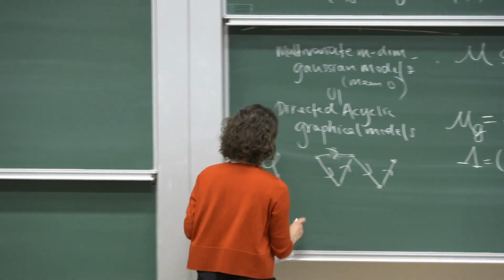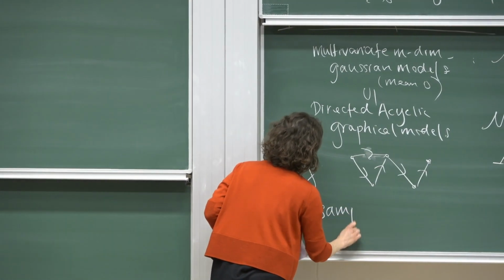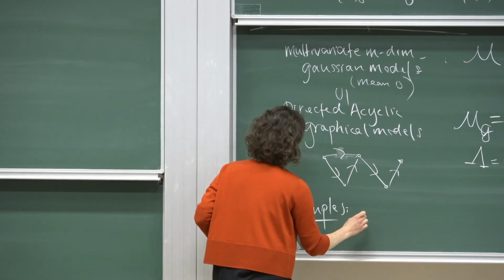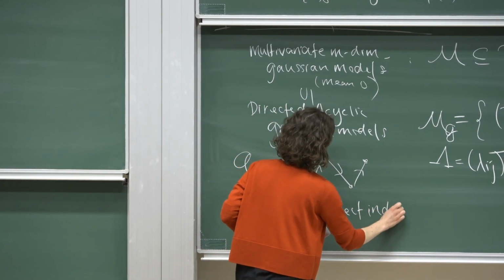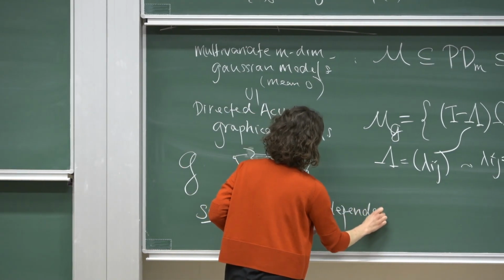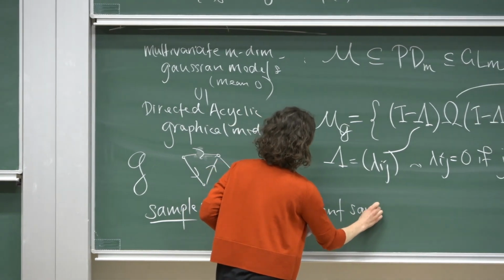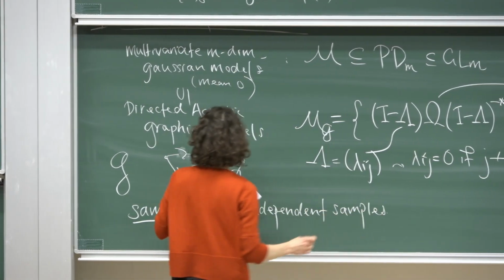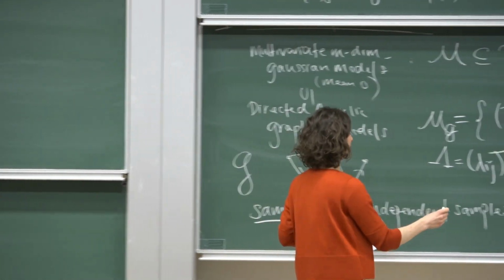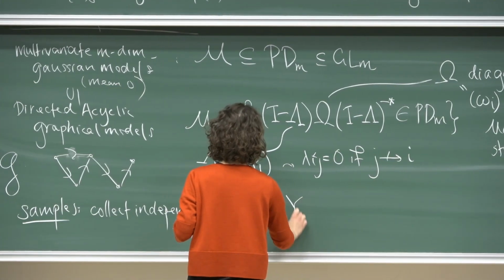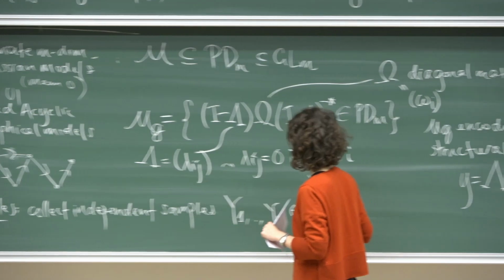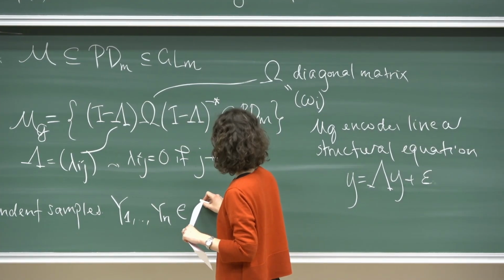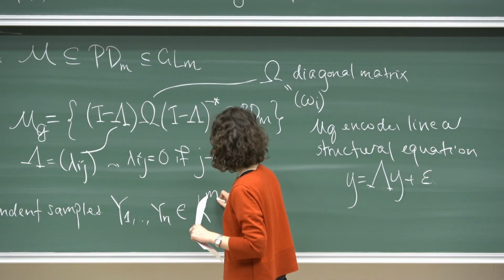So now let's turn to samples. So what is a sample? We just collect independent samples, which is just measuring each vertex a certain number of times. So let's call them y1 up to yn, and each of these is a vector of length m in k^m.